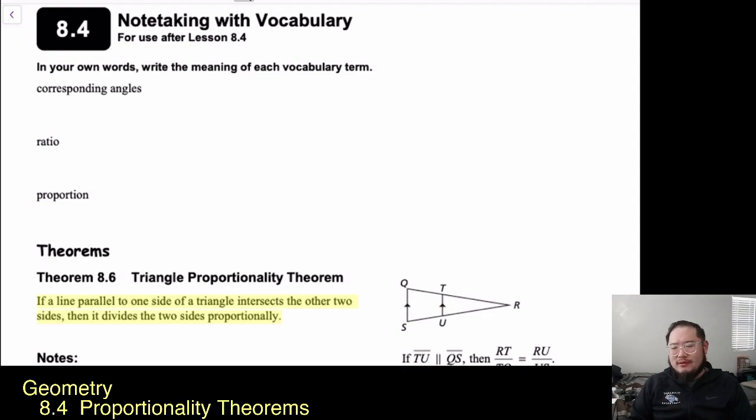Corresponding angles. Those are, hopefully you'd realize, angles from like two triangles that are in the same location. Ratio. A lot of times when we talk about ratio, you could write it as a fraction. So that's one thing I think about with the ratio.